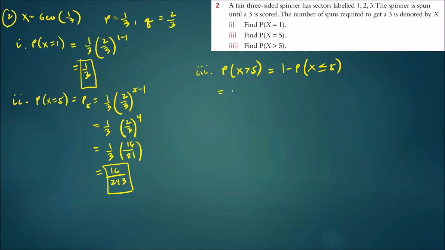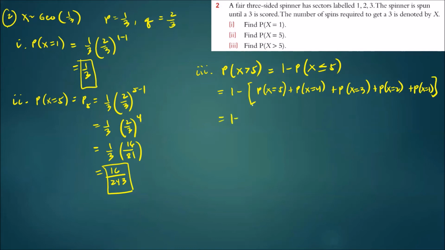So this is like solving for 1 minus the probability of x equal to 5, x equal to 4, x equal to 3, x equal to 2, plus the probability of x equal to 1.